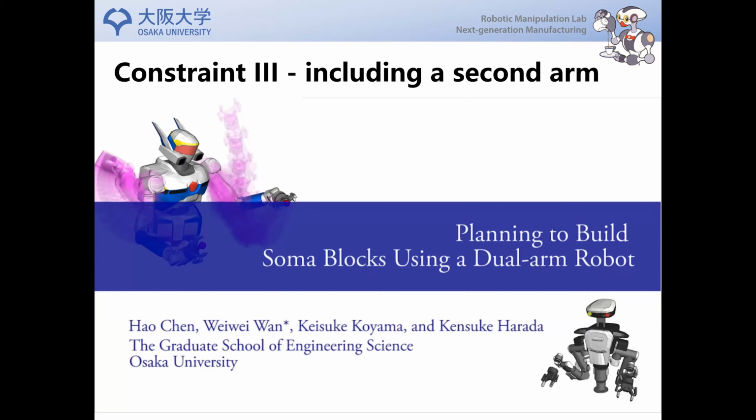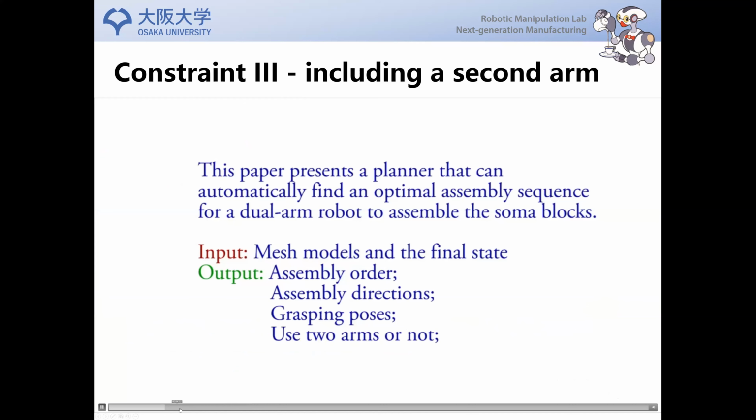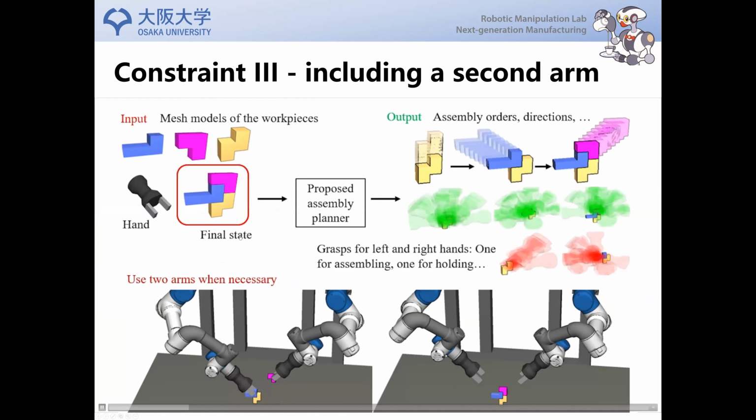Also, the robot can determine whether it needs a second arm or not. For example, here we are trying to assemble some blocks, and especially for this one, you can see the second and first object are not stable.